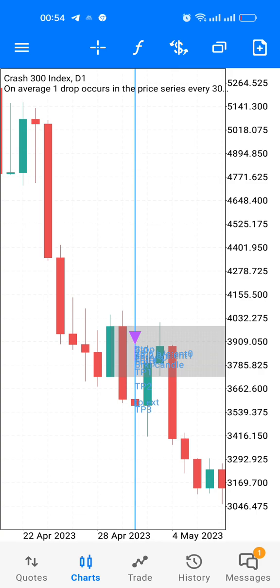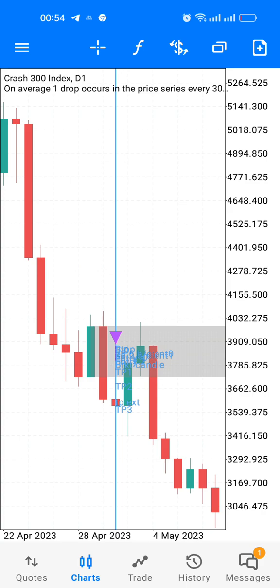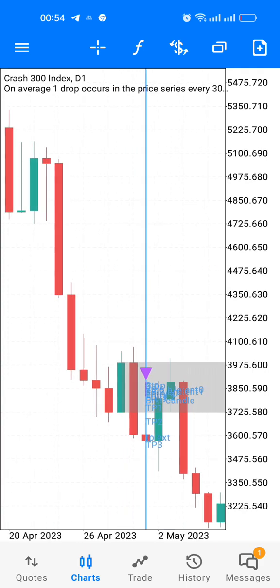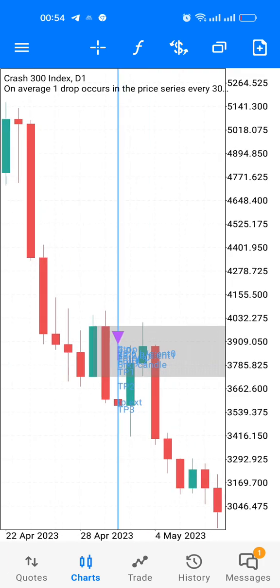That's how I would trade it. Not like 4 hours, 1 hour, and it's not like 4 hours CB1, 1 hour. No, 4 hours based each one CB1. But like this, as I have shown in the other video, this is still the method I would use for Crash and Boom 300. It will work.